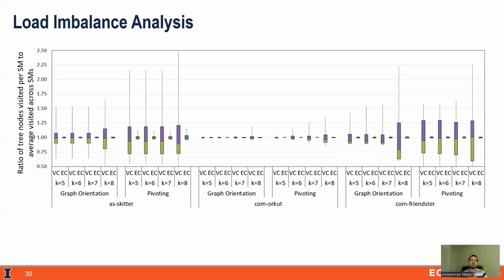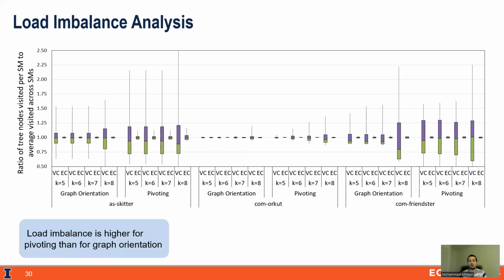Another thing we did is load imbalance analysis between graph orientation and pivoting, between vertex-centric and edge-centric for different K values. The load imbalance analysis is done by counting the ratio of tree nodes visited per SM compared to the average number of nodes visited per SM. So load imbalance is higher for pivoting than graph orientation, which is naturally understood because pivoting has to go deeper in the search trees.